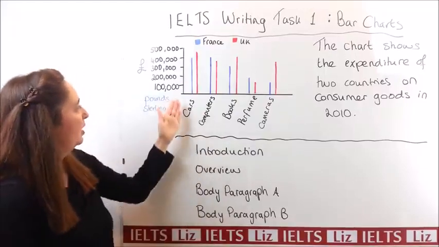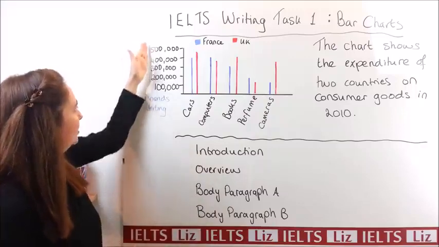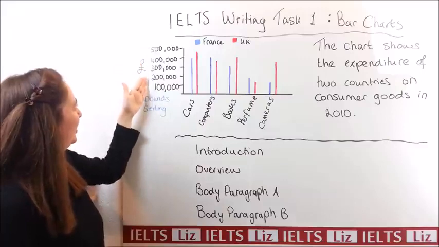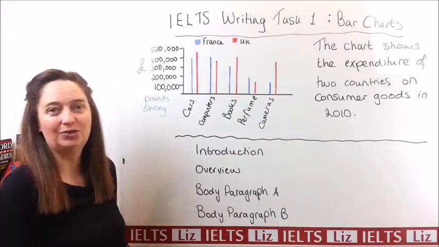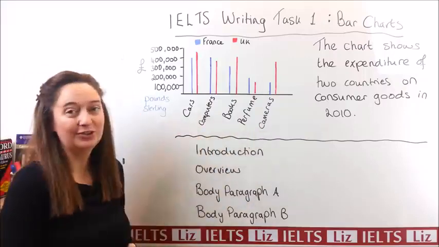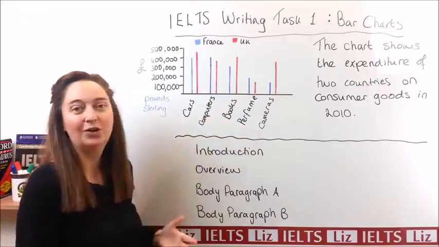Now, when we look at the bar chart, we can see that down the vertical axis, at the side, we've got all the different amounts of money that the 2 countries spend. Along the bottom, that's the horizontal axis, we've got all the different types of consumer goods.